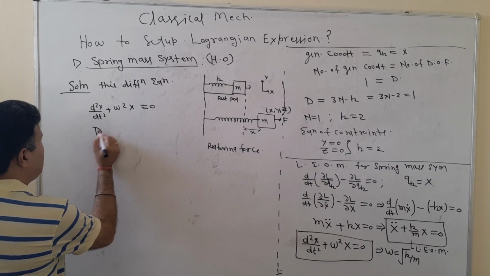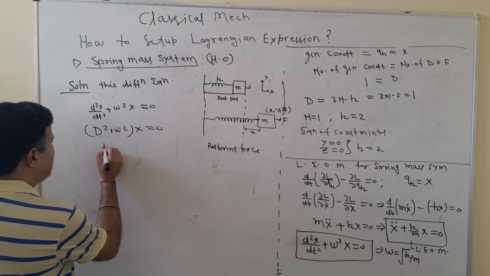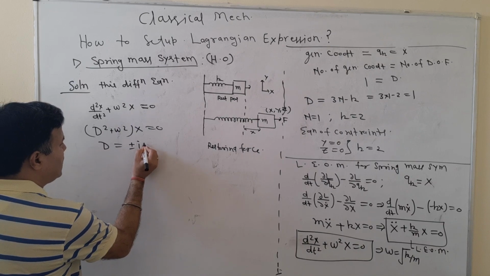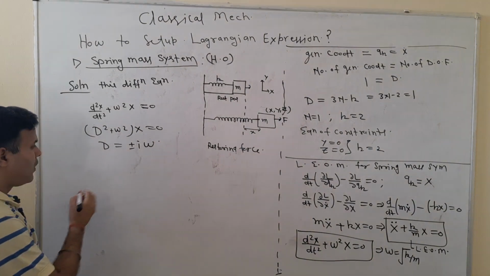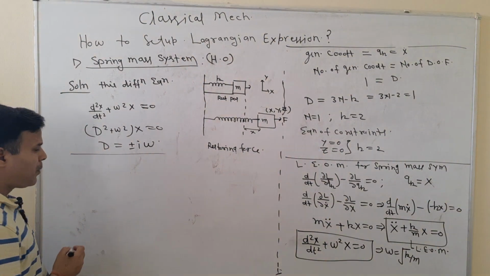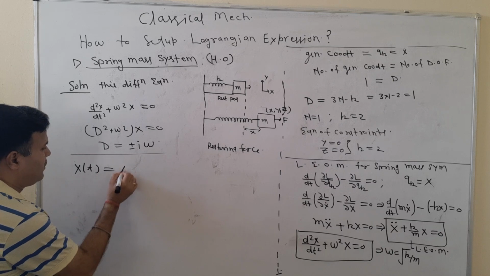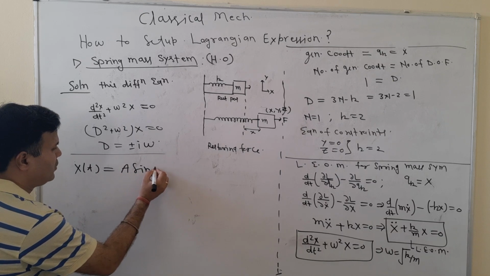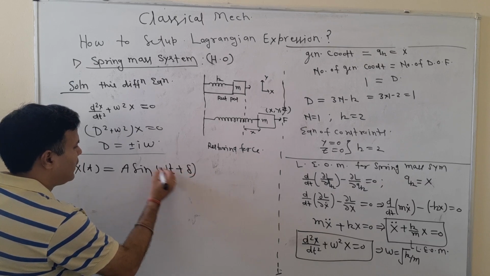So this is D square plus omega square x equal to 0. This is the auxiliary equation, D equal to plus minus i omega. Using this operator method, we can write the solution as a sin omega t plus delta, or phi.